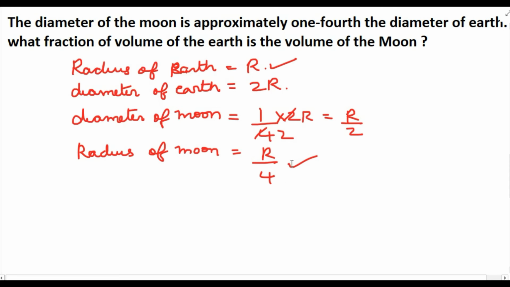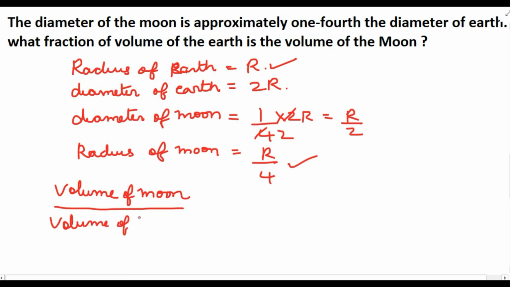Now, what fraction of the volume of earth is the volume of the moon? So we need to find out volume of moon divided by volume of earth. We know the formula for the volume of a sphere is 4 by 3 pi R cubed. Here the radius of the moon is R by 4, so it is 4 by 3 pi (R by 4) the whole cube, and for earth it is 4 by 3 pi R cube.